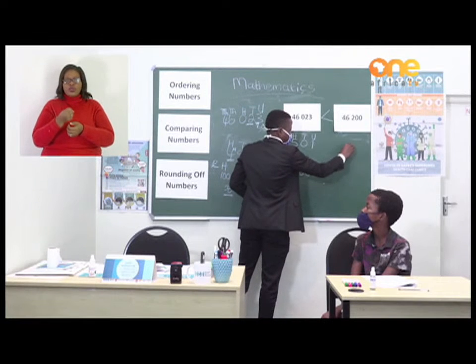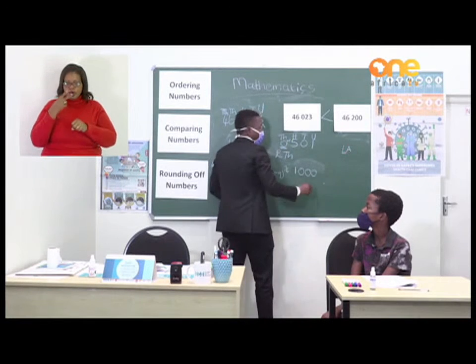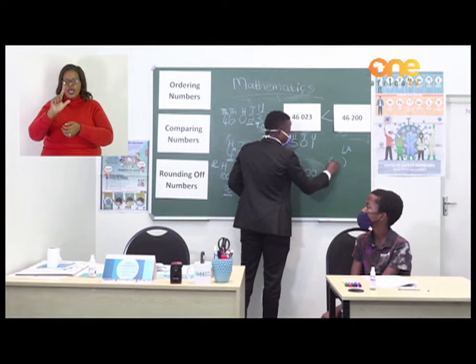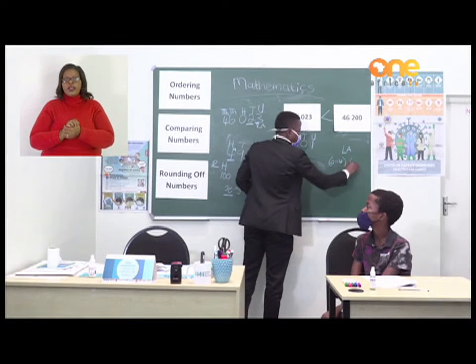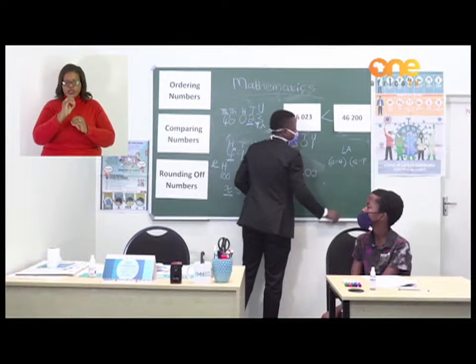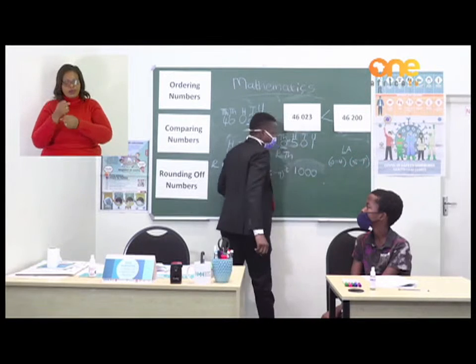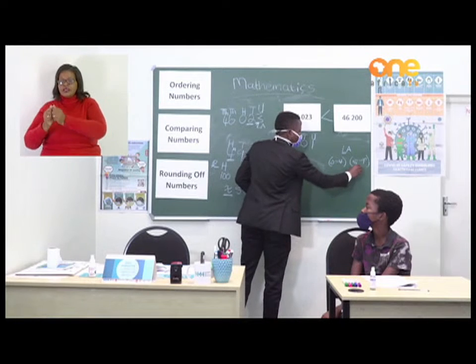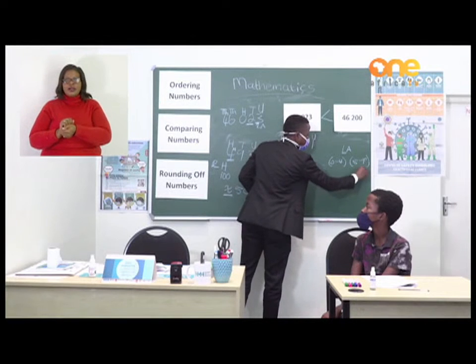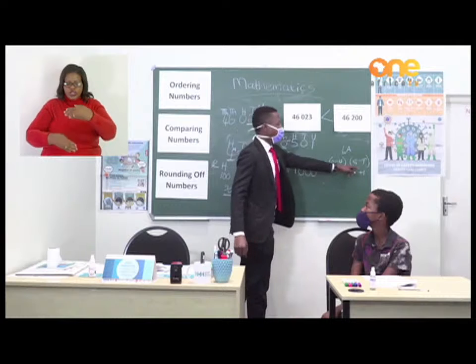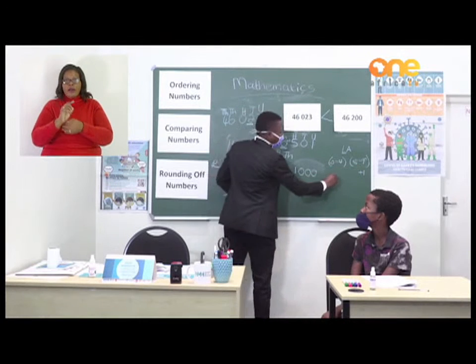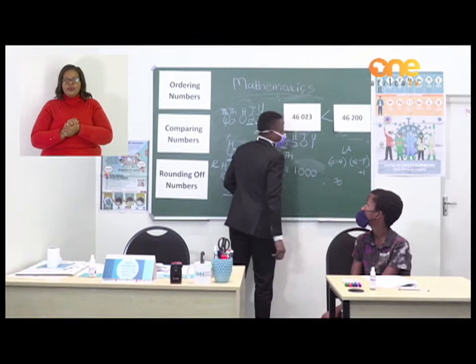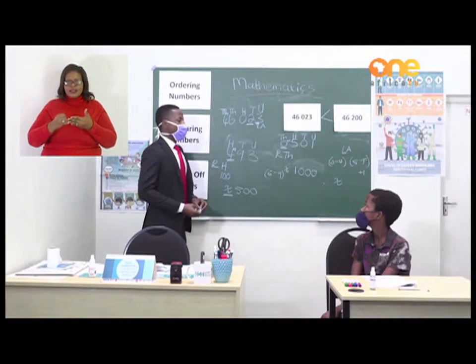So in short, when it comes to rounding off, there is a number you need to look at. There are two categories, between 0 and 4, and between 5 and 9. And there is also a change by adding 1 if it falls in this category. And our final answer should be an approximation.